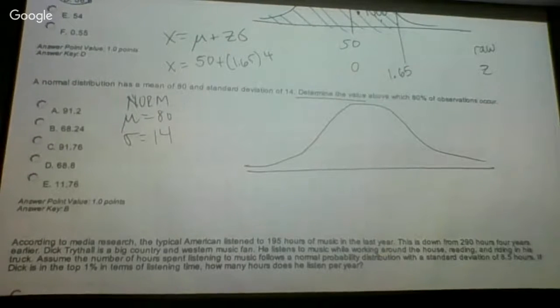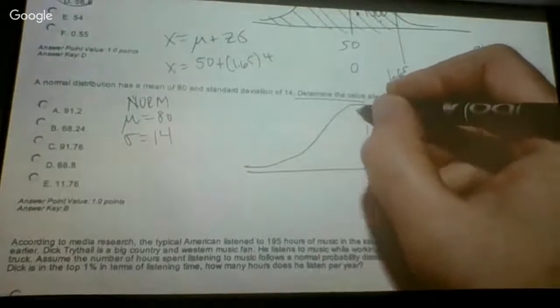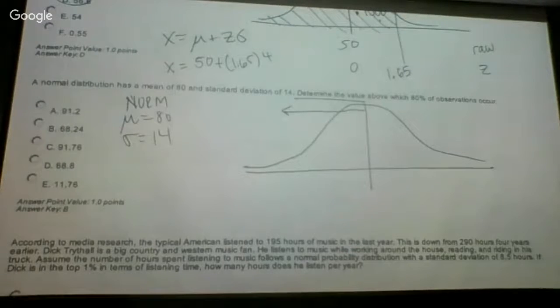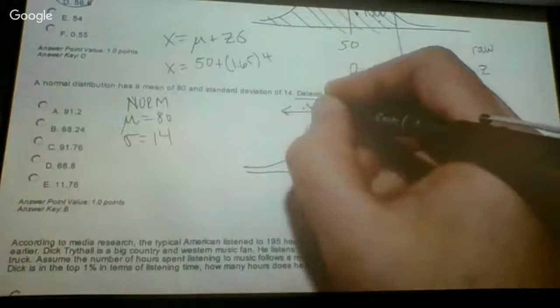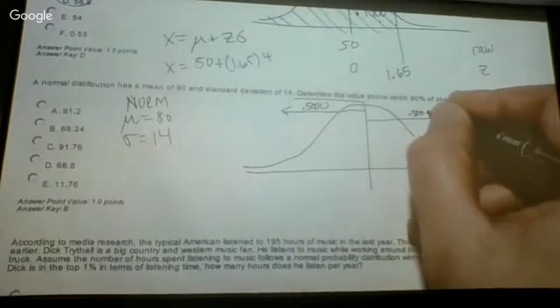Let's walk through this a little more. I'm going to put the mean here. What proportion of the population is to the left of the mean? Half. Yeah. And to the right? Half. 0.5 is over there.